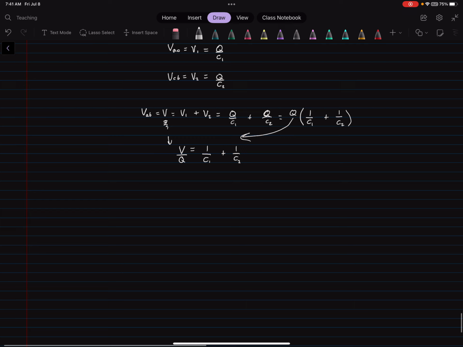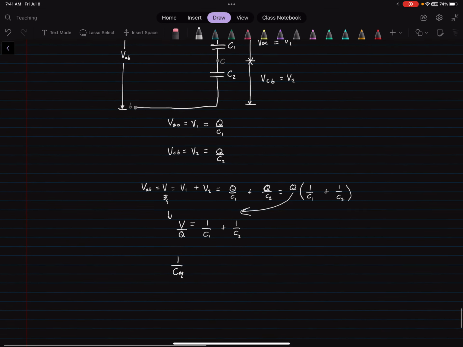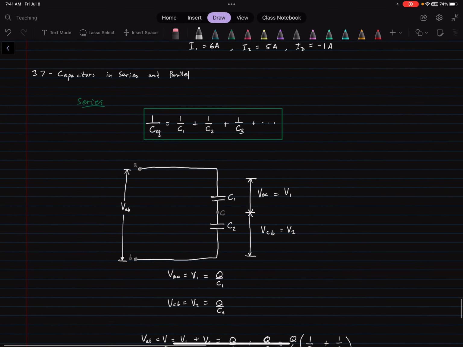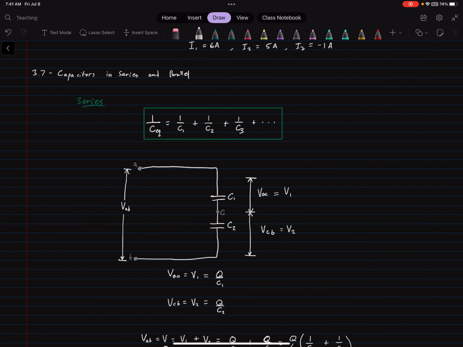This capacitance would account for the charge and voltage of both capacitors connected together in series, the whole situation between point A and point B. So that's equal to 1 over C1 plus 1 over C2, just like we had before. That helps you understand why capacitors in series add in this inverse kind of formula.